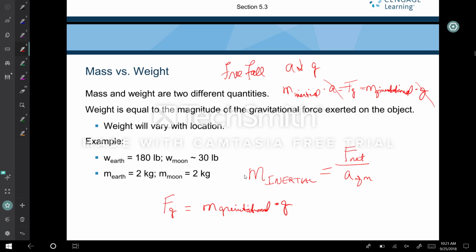In the context of free fall, where I set that ma equal to mg, since the masses are equivalent, that says the acceleration is g, which means something we talked about back in chapter 2. In the absence of appreciable strength of air drag, all objects fall with the same acceleration.